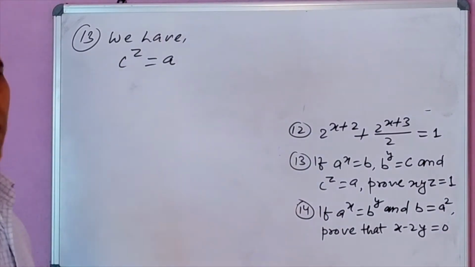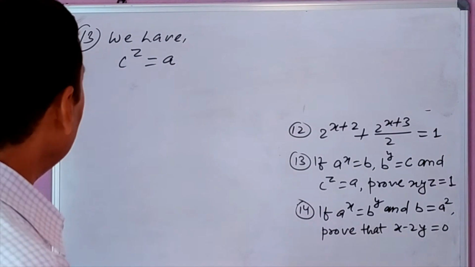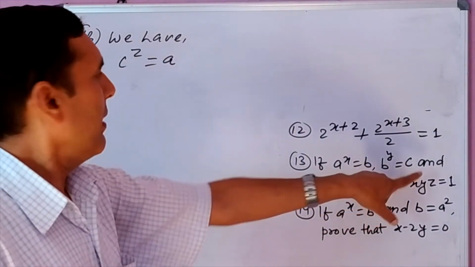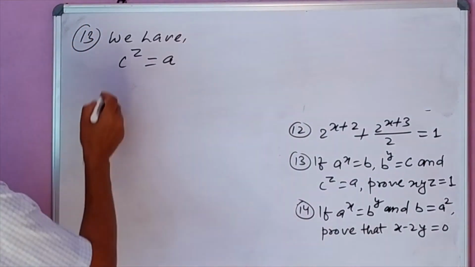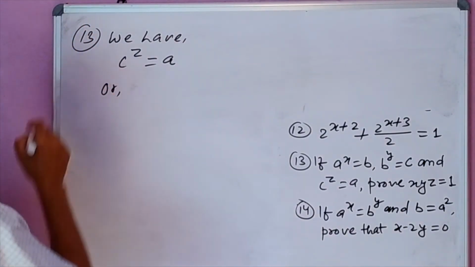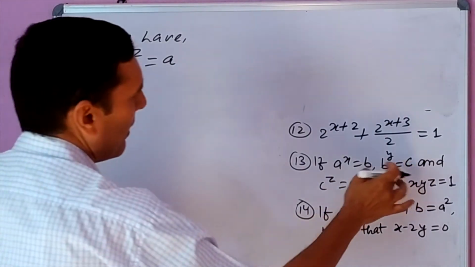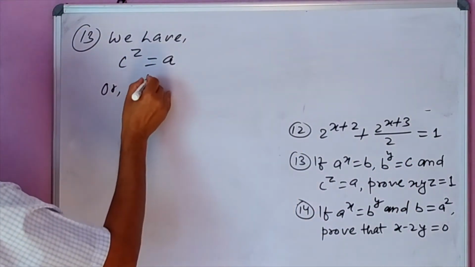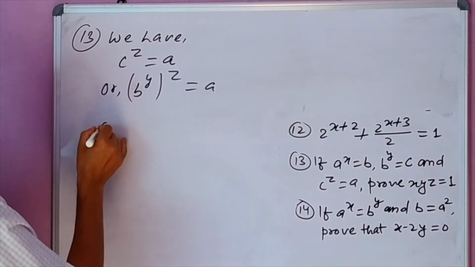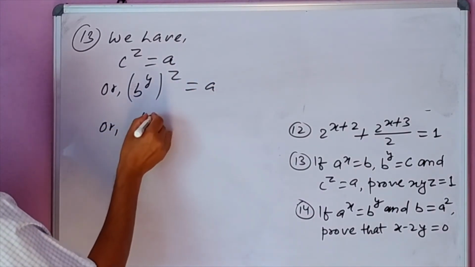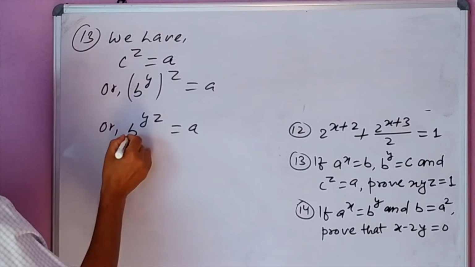For c, this c can be replaced by b to the power y. In the place of this c, I write b to the power y, and this power z as it is equal to a, that is b to the power yz is equal to a.